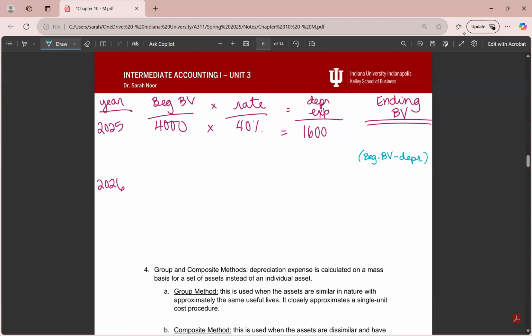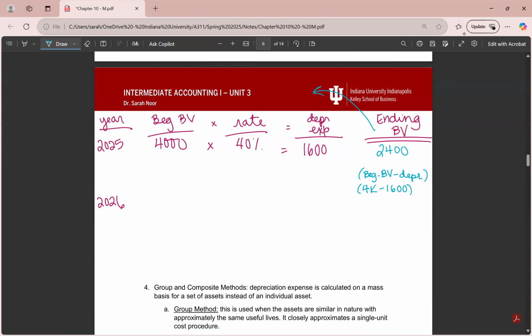So in this case, that is the 4,000 minus the 1,600, which gives us 2,400. And that 2,400, we need to make sure it is greater than or equal to salvage, which in this case is 2,000. So 2,400 is greater than 2,000. We are good to go.